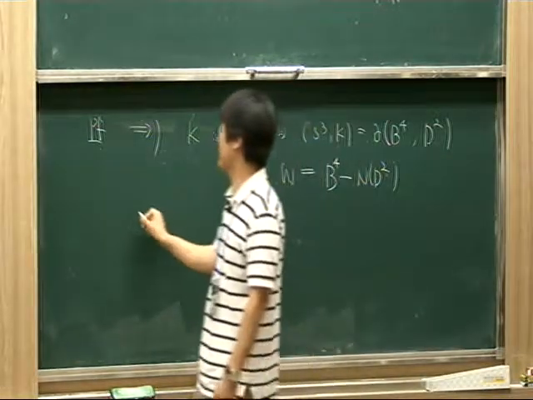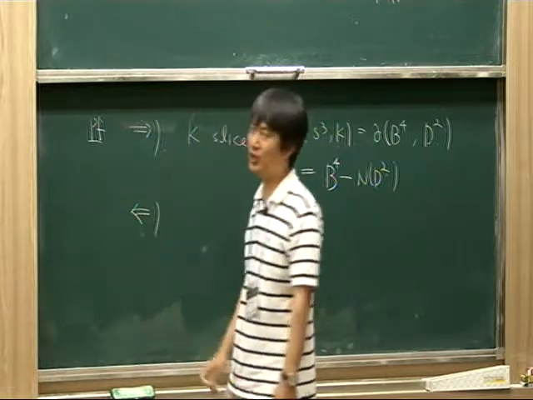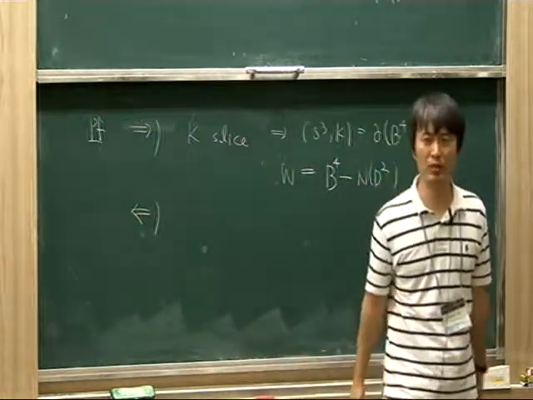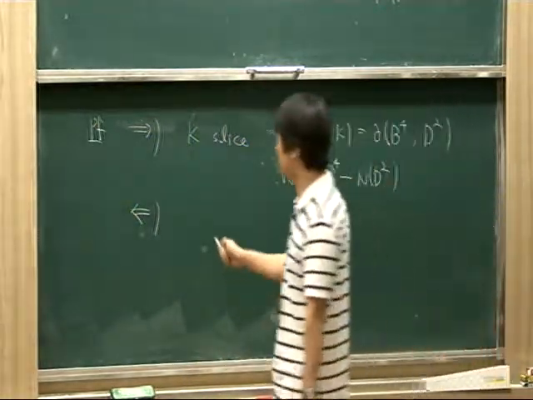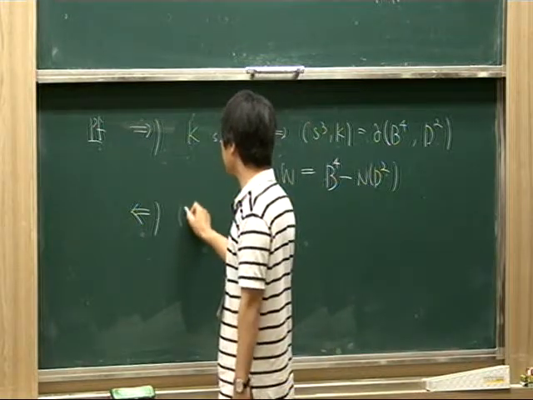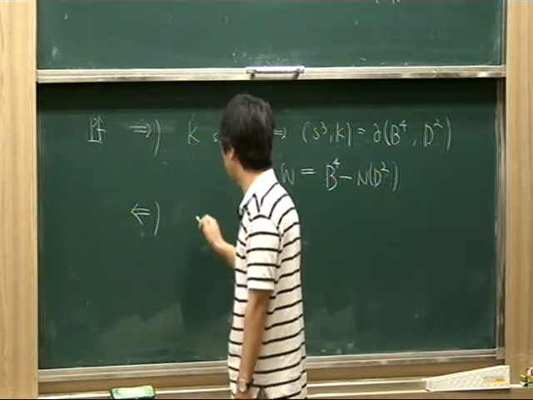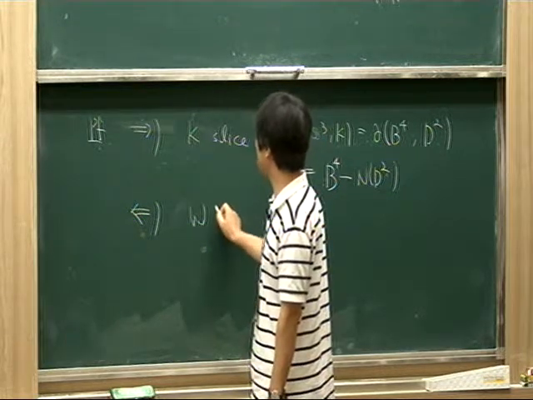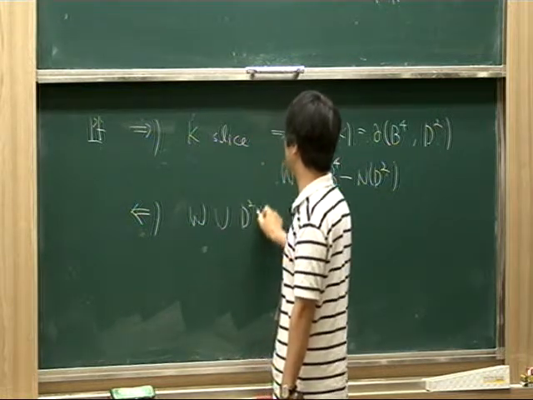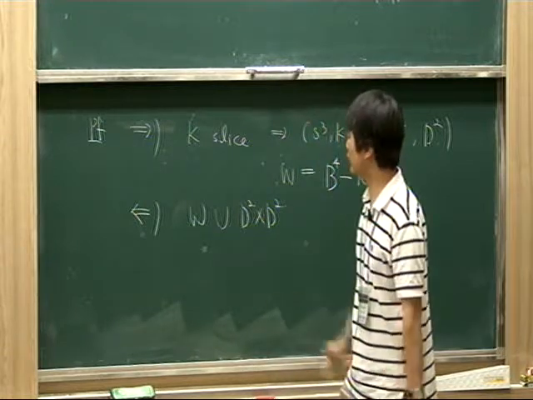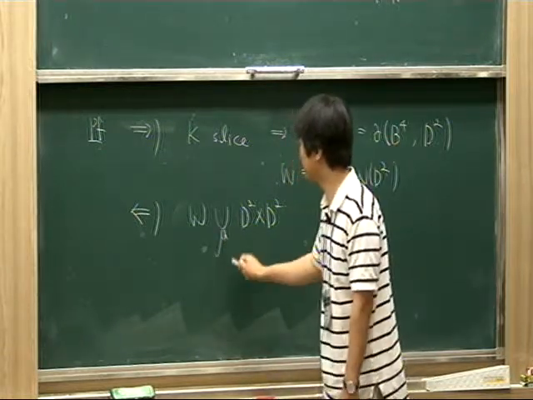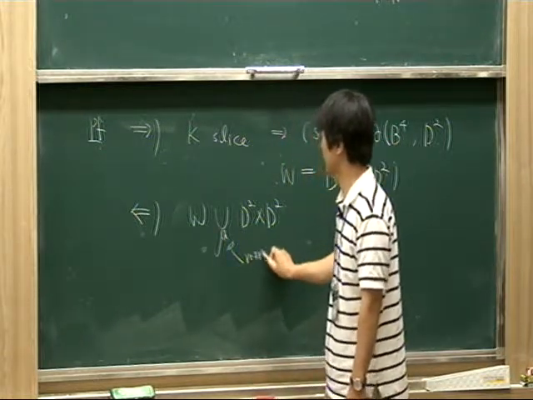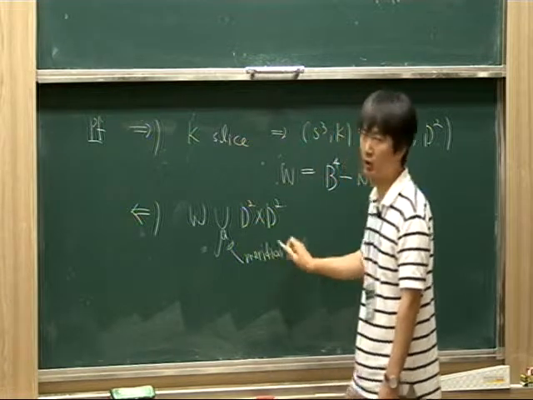The other direction is much harder. Here we need heavy machinery by Freedman. First, for your W, attach a two-handle with attaching circle the meridian of the knot.